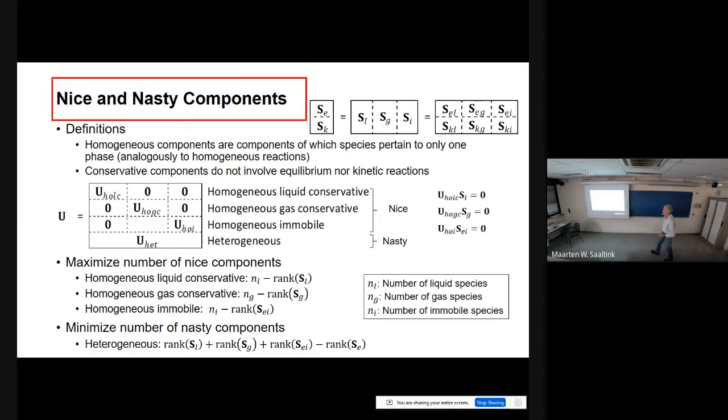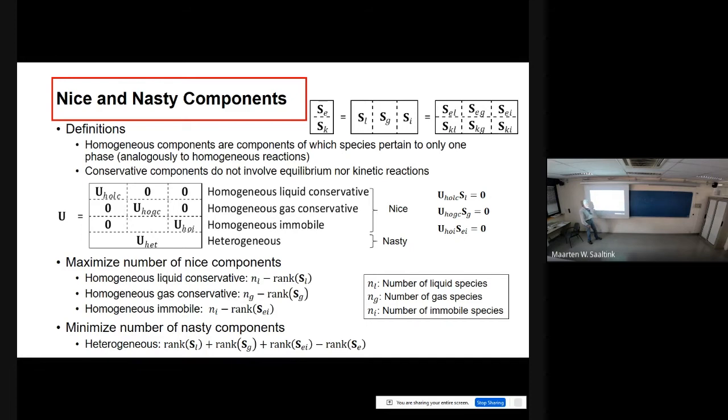Of course, now, how many of these homogeneous liquid conservatives do I have? Well, it's a little bit like what I've done over here. 28 is 20 plus 8. And how many should I have? Well, the number of liquid species minus the rank of S_L.